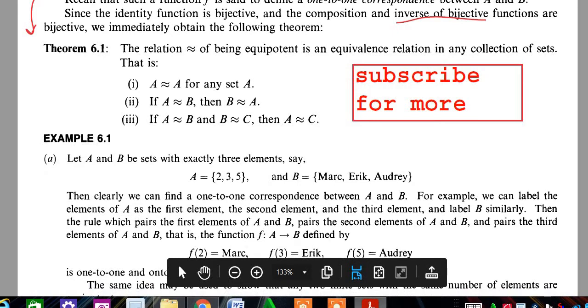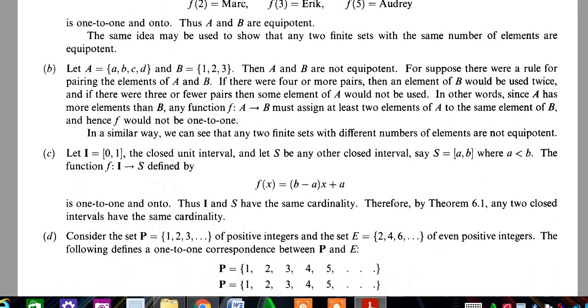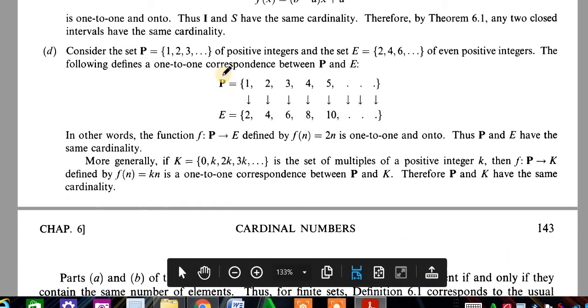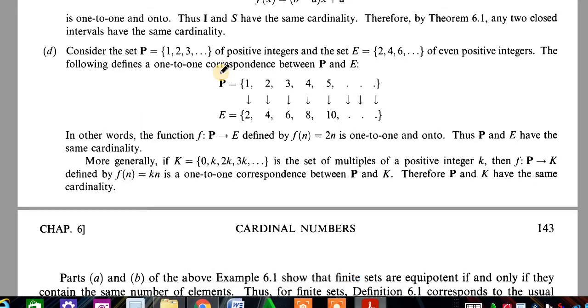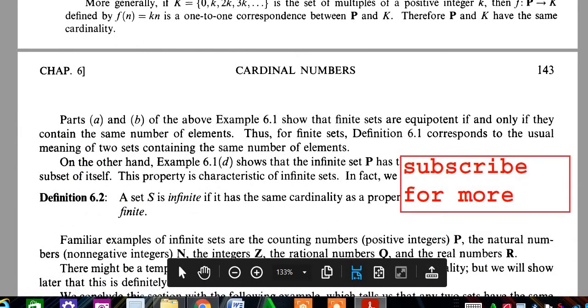You can check it by yourself. This is P, the set of prime numbers, and this is the set E of even integers. There is a one-to-one correspondence because both of these sets are infinite sets.